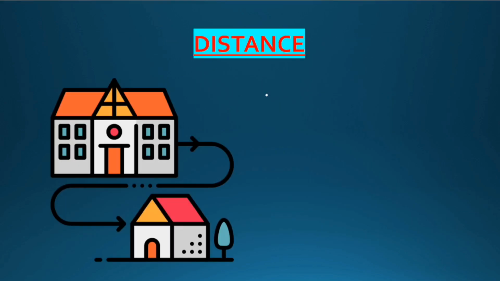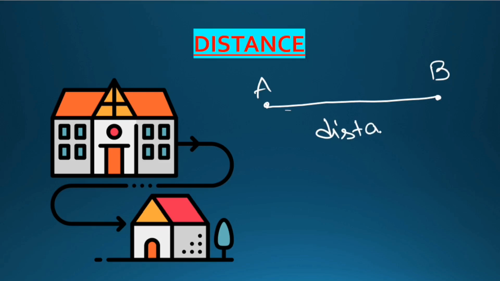What is distance? Here I am considering point A and point B. The length between A and B can be termed as distance, or the length of the path between two bodies or two points, or the length of the path between school and house.